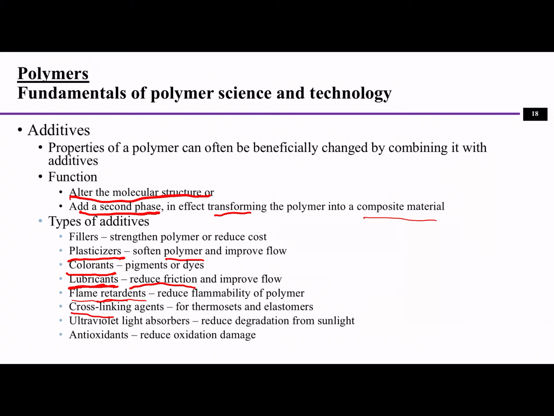Cross-linking agents help form cross-links. Some additives reduce degradation from sunlight, so they can absorb UV light. And some additives are antioxidants, so they can reduce the oxidation damage.